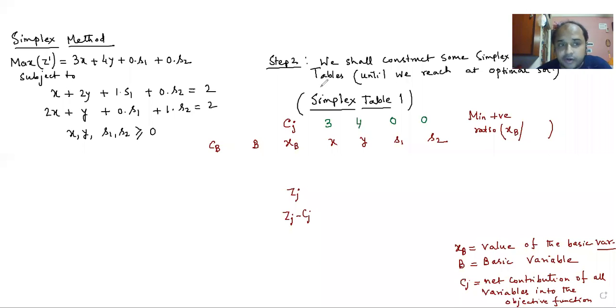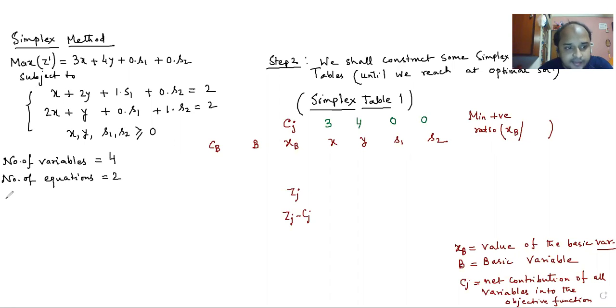So there is a theorem. The theorem says that first of all, you count how many variables are present. So you write number of variables. How many variables are present? You can see that here in this problem, there are 4 variables. How many equations are present? Number of equations is 2.